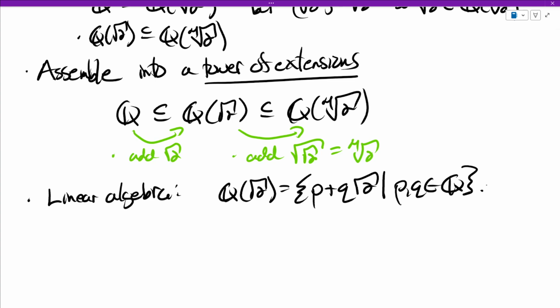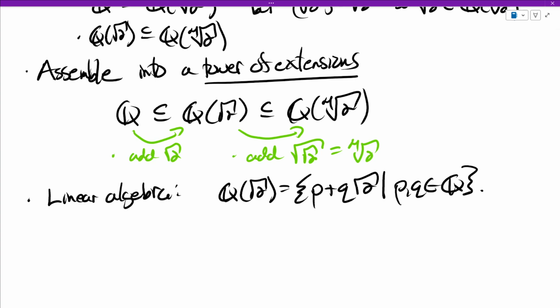That's what it is, set theoretically. And again, this is not obvious. It's something that needs to be proven, that you can describe elements of the left set as the right set. All right, so we can describe it like this, and in fact, every element is uniquely represented as p plus q root 2.